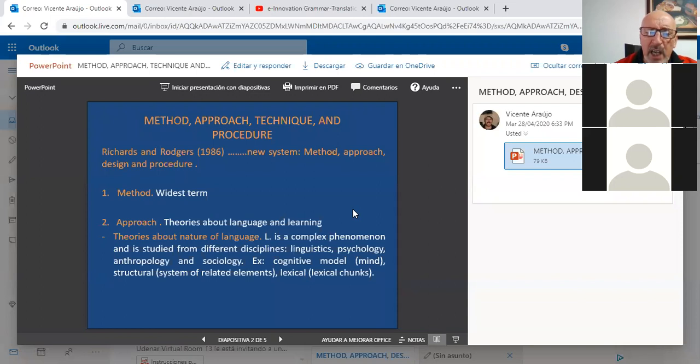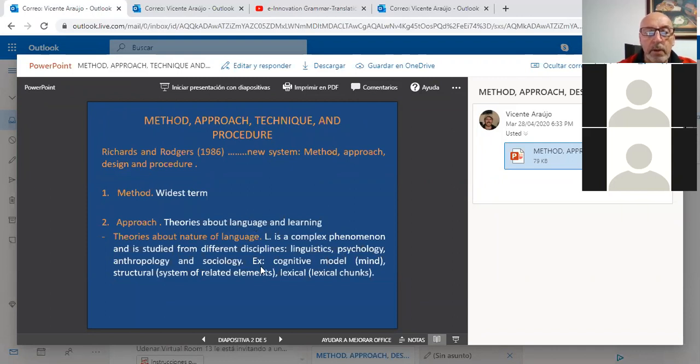What are the effects of language in a child, in an adult, in an old person? Anthropologists also have studied this phenomenon of language, and sociology. So basically, these four disciplines have made a lot of efforts to understand the concept of language.